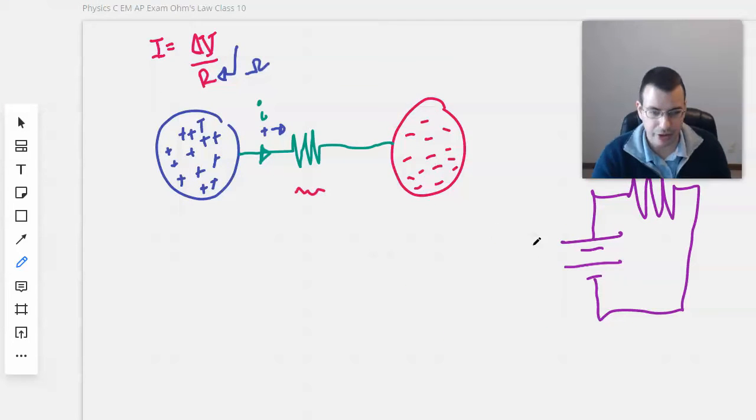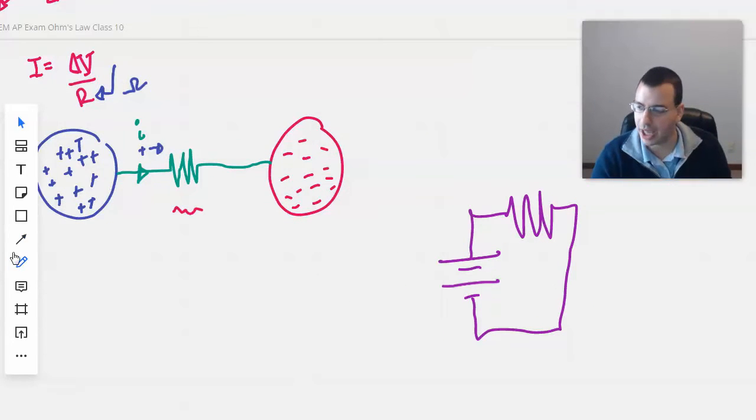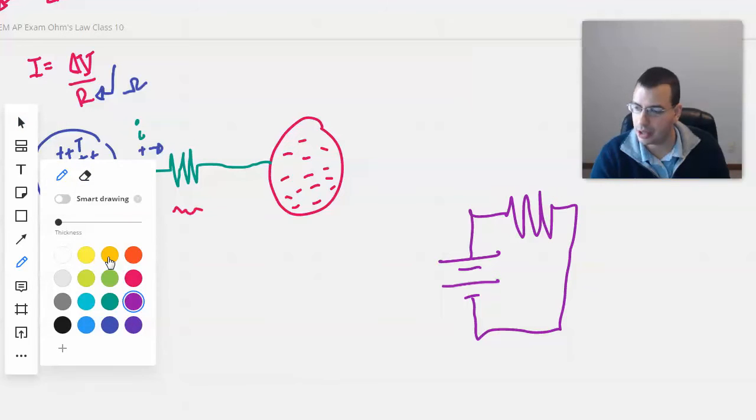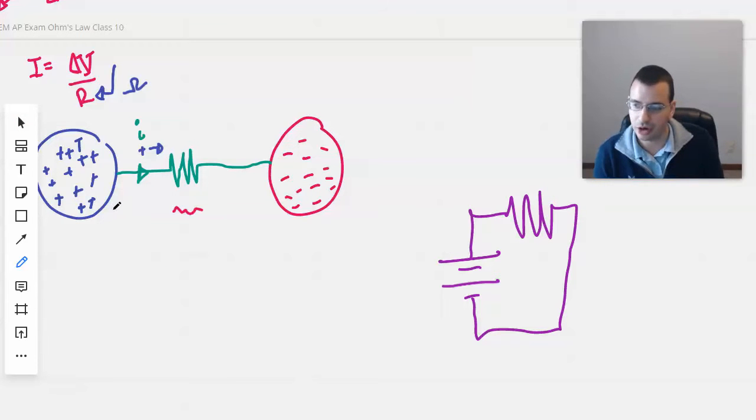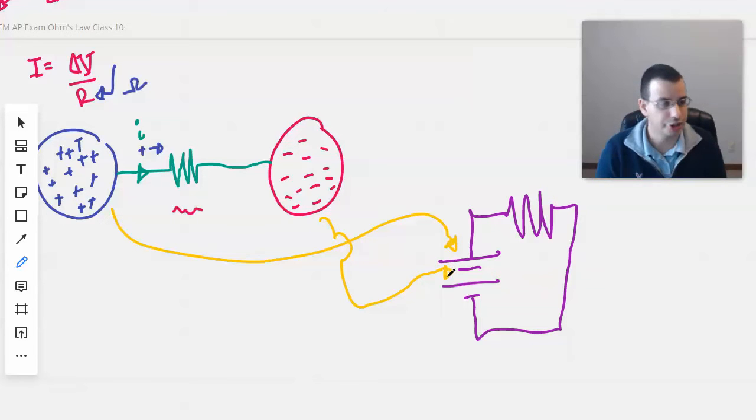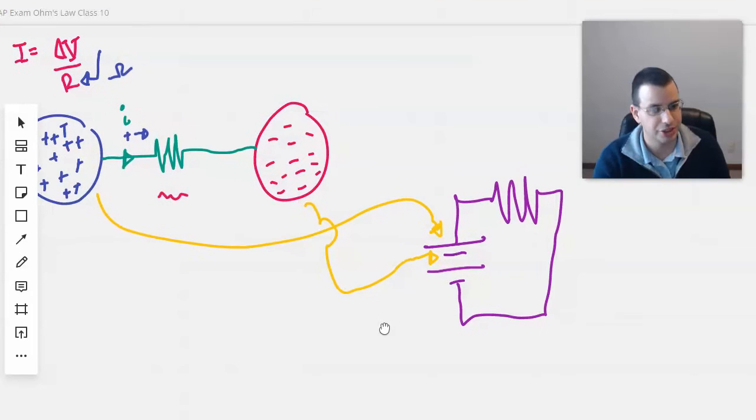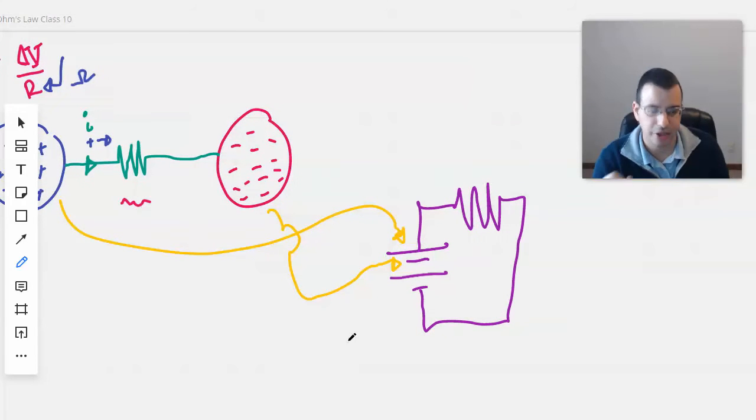So what the battery represents is we have the reservoir of positive right here. We have the reservoir of negative, jump over, is the small plate. And one of the stereotypical examples of a battery would be a lead acid battery.